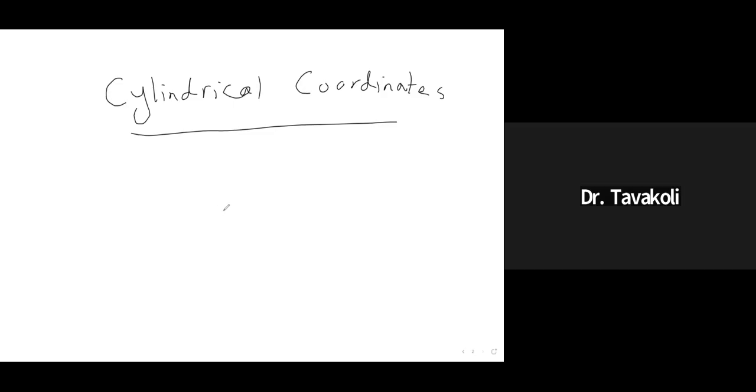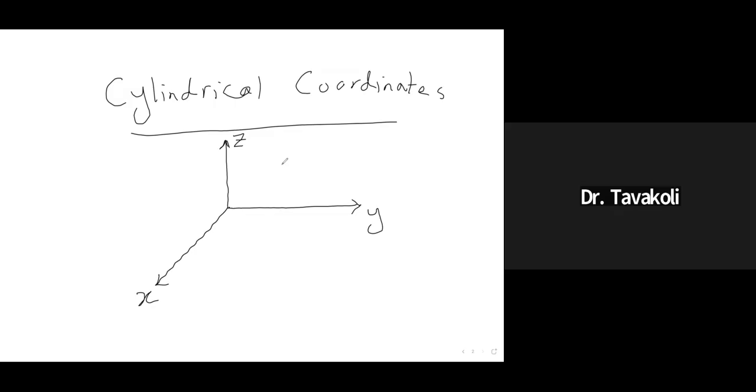Suppose the x-axis is the axis sticking out of the screen. Since I want to draw something in three-dimensional space, I should make this assumption. So x comes out, y is this horizontal axis, and z is this vertical axis.